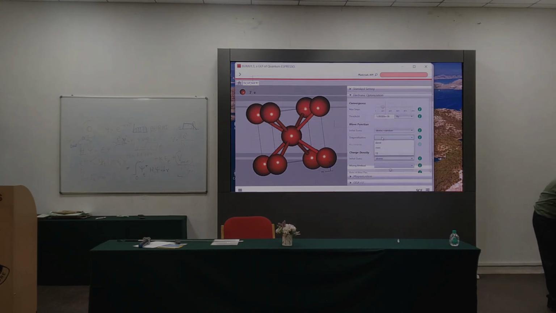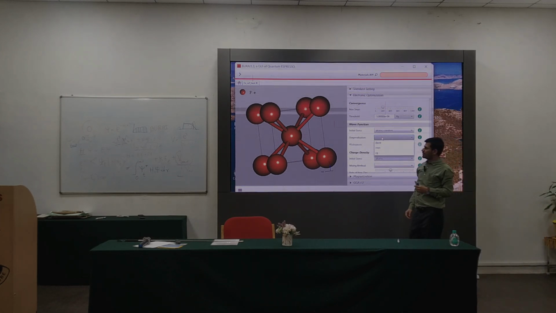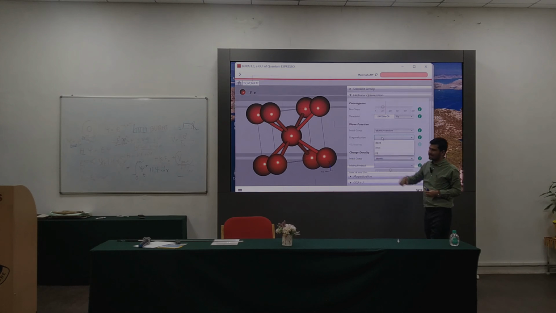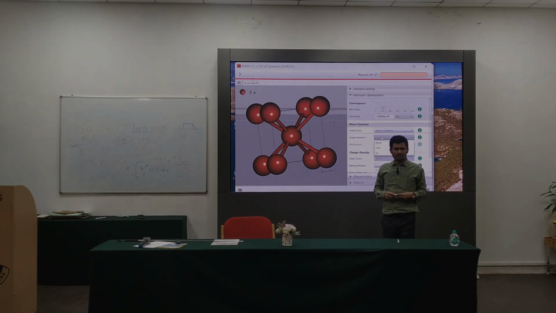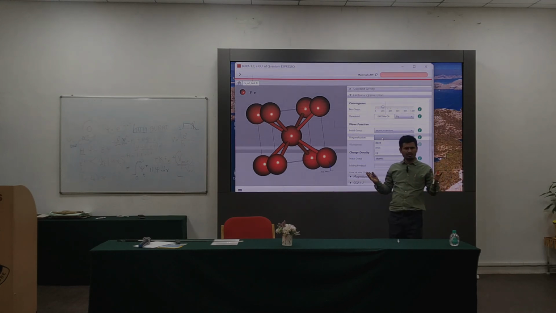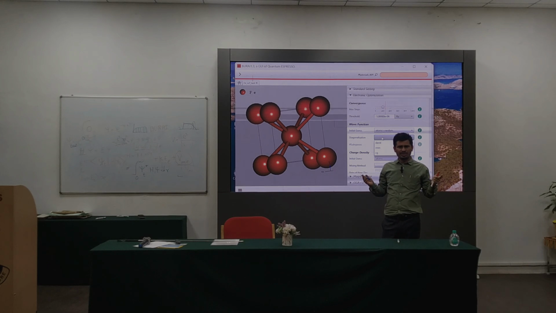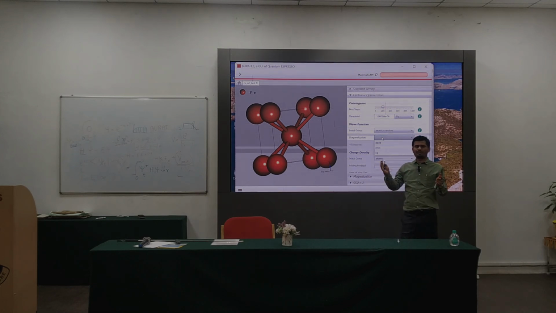This is diagonalization. This is the Hamiltonian matrix. You know the Heisenberg formulation in quantum mechanics, right? The Heisenberg formulation considers the matrix formulation.